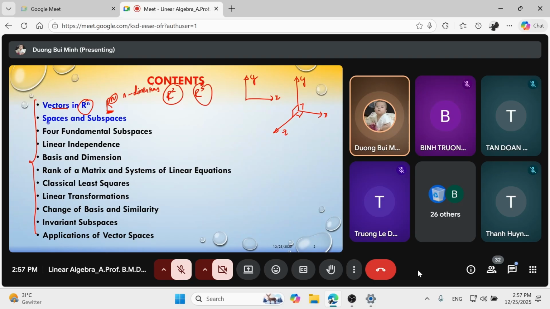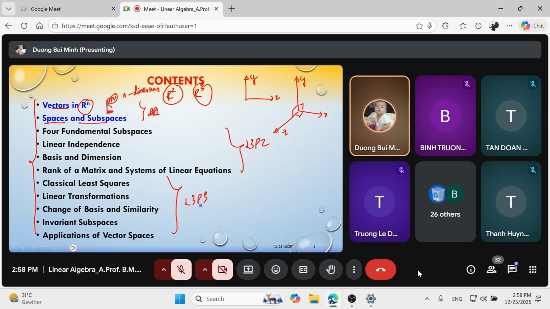We discuss spaces and subspaces. So this is for lecture three part one, this one for lecture three part two, and this one for lecture three part three.